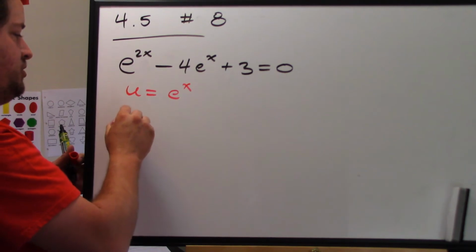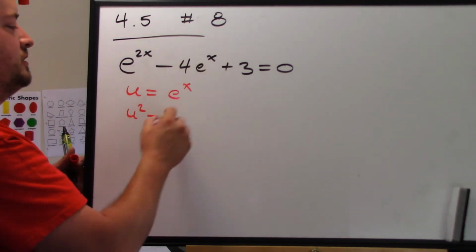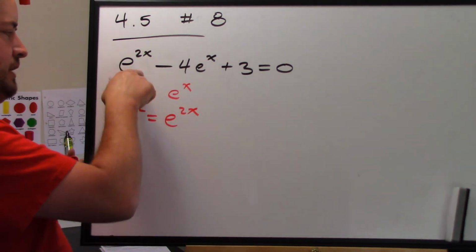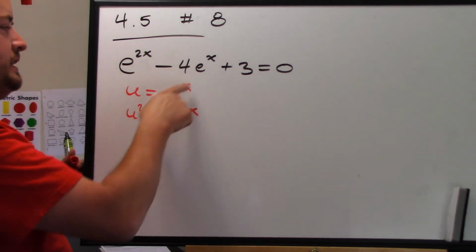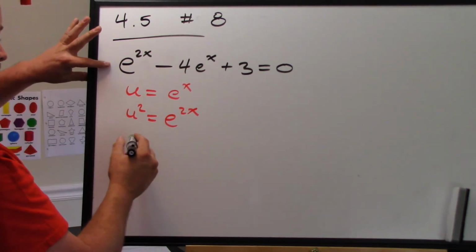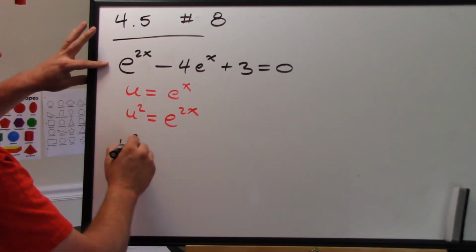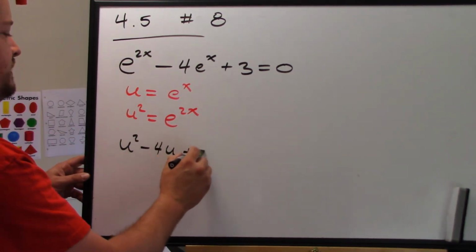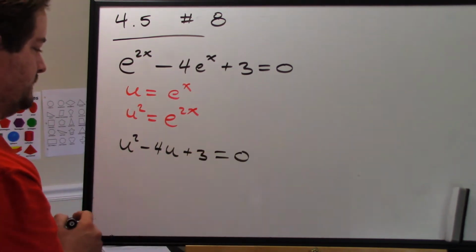Because if I square u, that's e to the x all squared, that's e to the 2x. Right? So I can replace e to the 2x with u squared, I can replace e to the x with u, and this becomes a nice quadratic. This becomes u squared minus 4u plus 3 equals 0.